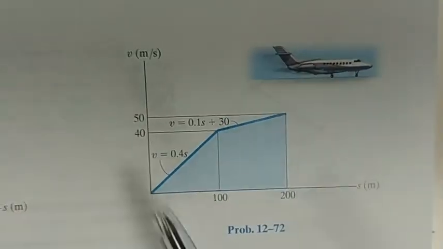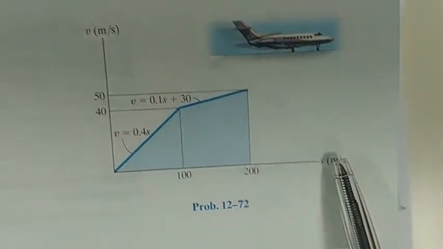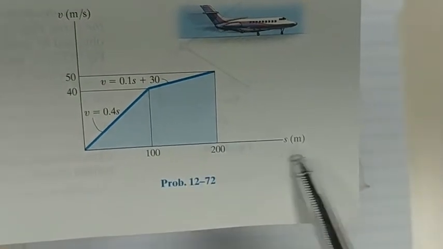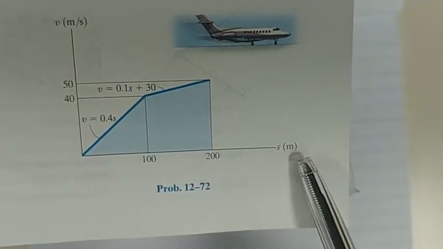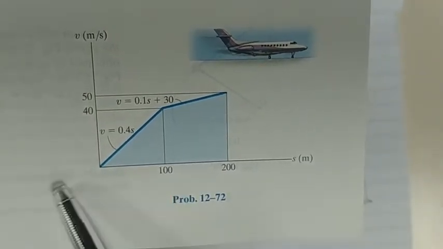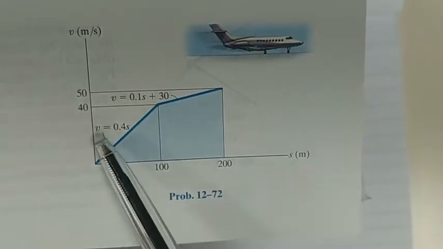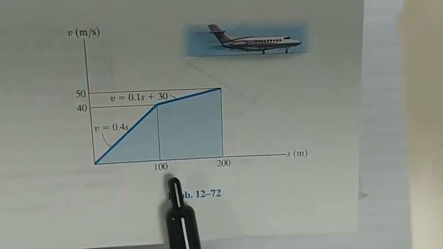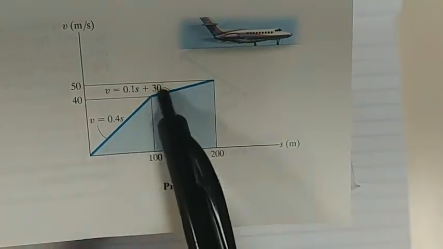So here we have the VS graph from 0 to 100 meters. So now guys, take note, this is not time, hey? This is position. So from 0 to 100, we have this function, and V is a function of position now, not time. And from 100 to 200, we have this function.